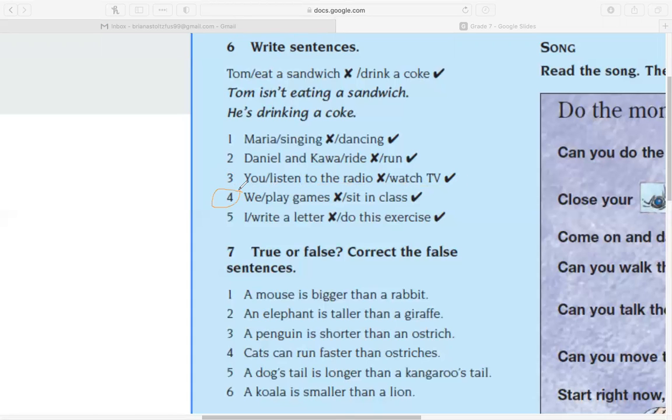Number 4, can you make a sentence? We aren't playing games, we are sitting in class. And number 5, can you make a sentence? I'm not writing a letter, I'm doing this exercise.